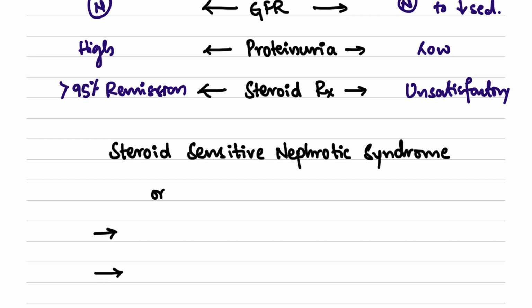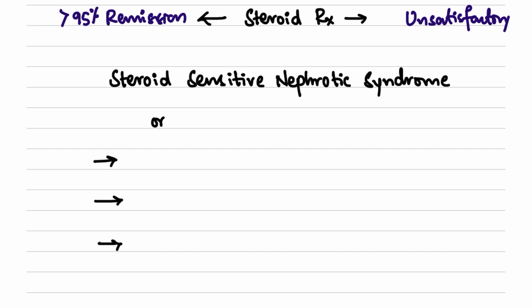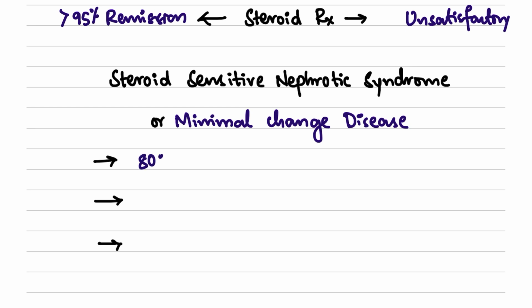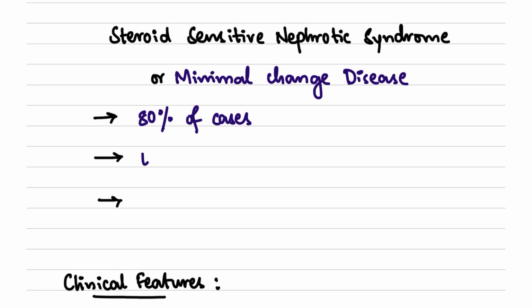Now we will move on to the characteristic steroid sensitive nephrotic syndrome. It is also called minimal change disease, MCD, or steroid sensitive nephrotic syndrome. This is the most common, in 80% of cases of nephrotic syndrome in the pediatric group. When we look at the light microscopy feature of the kidney, we are going to see nothing.